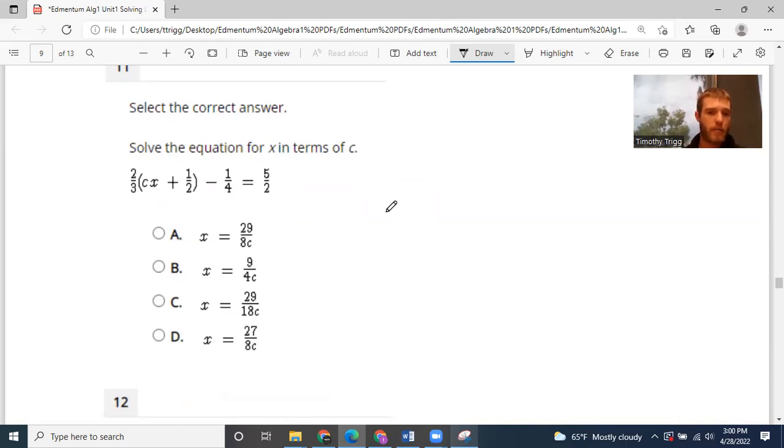We want to solve for x once again. Okay. Now, a couple ways to approach this. You could try to find the lowest common denominator and multiply everything by that. But in this case, I think I'll just add this 1/4 to both sides of the equation.